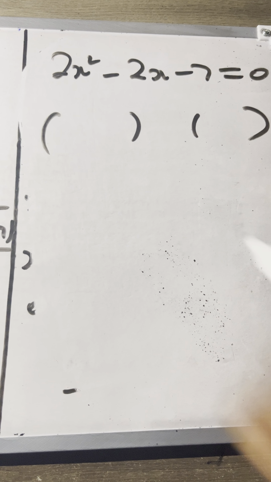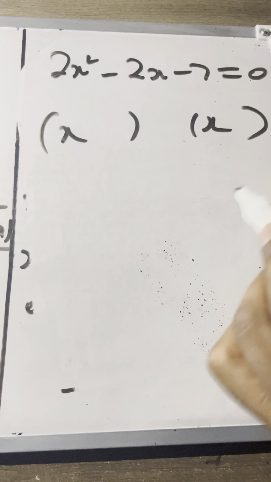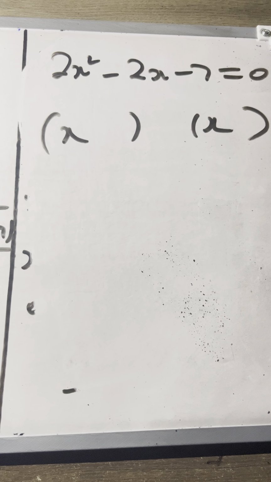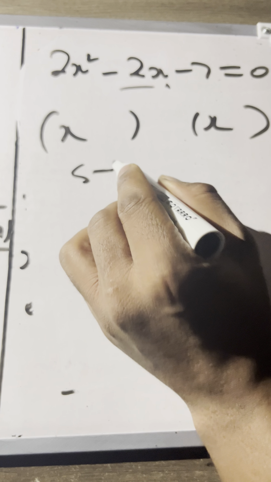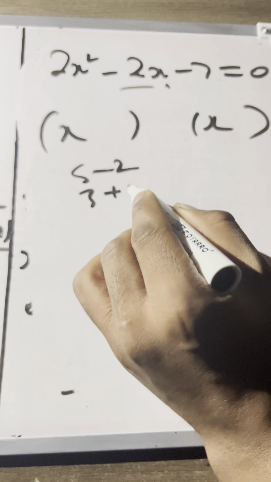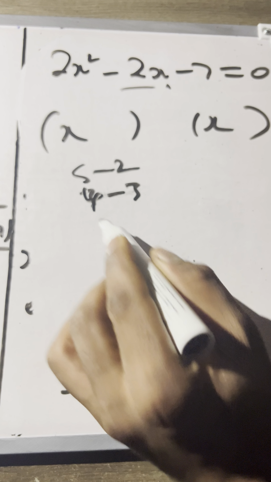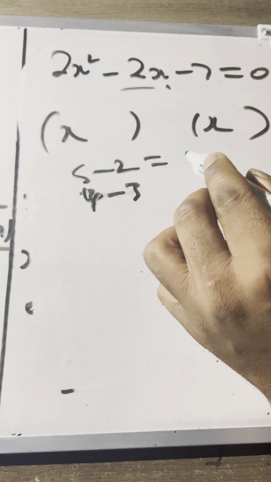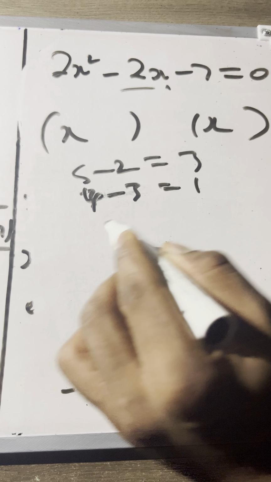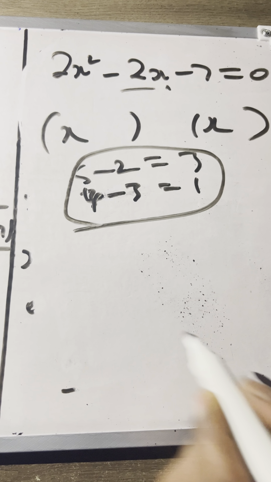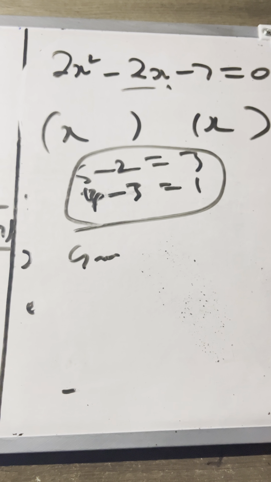Now, according to the factors, we need to find factors, but we cannot have them, so we use the quadratic equation.